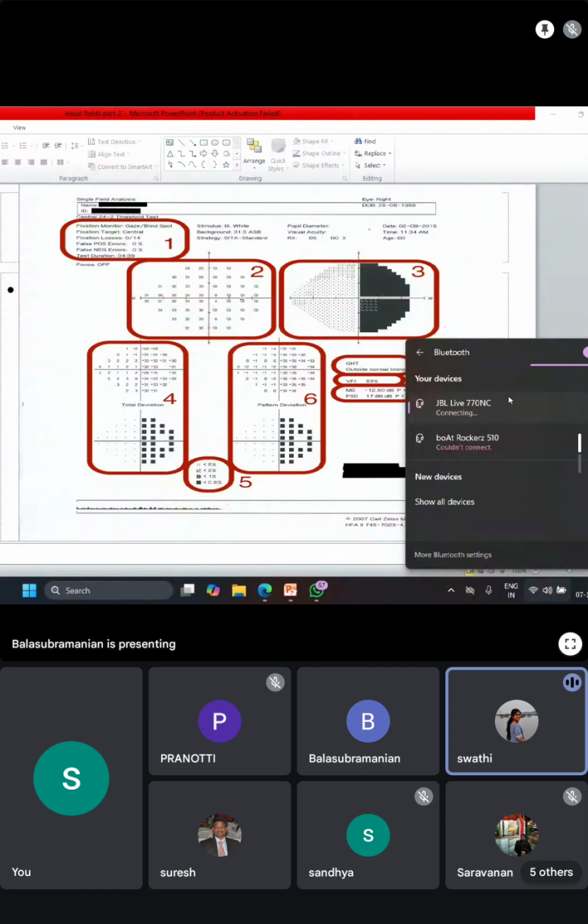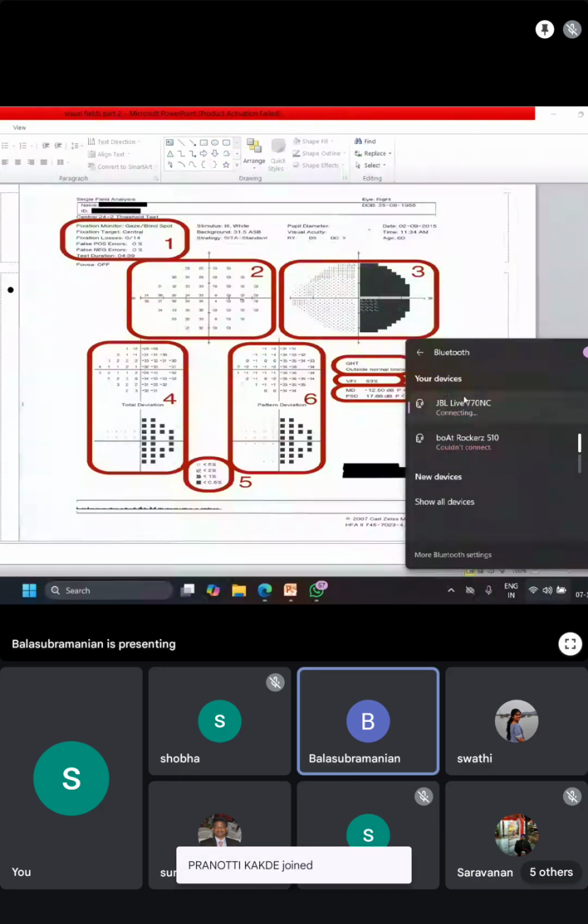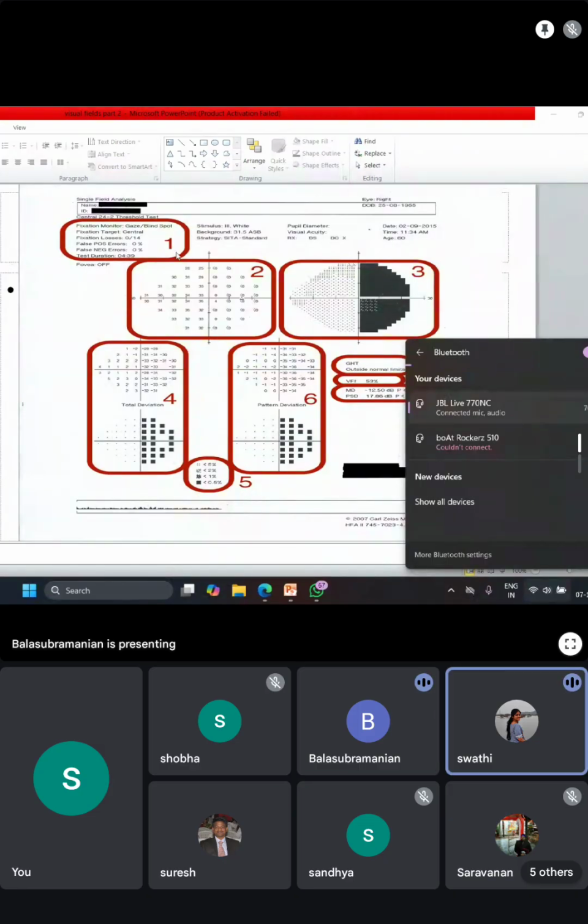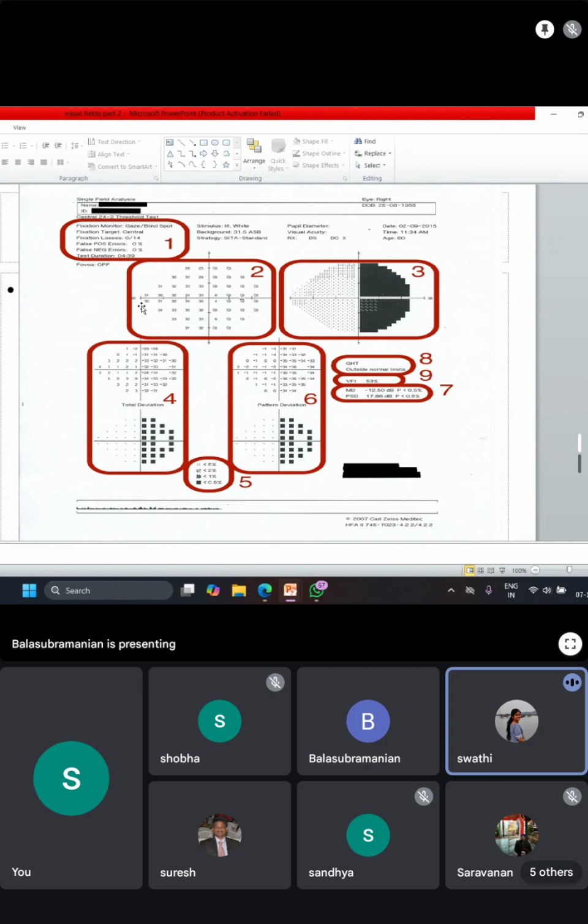The testing program is Central 24-2 with the SITA standard strategy. The stimulus used here is size 3. The pupillary diameter is not mentioned and the refractive correction was not given. The reliability indices are good with zero fixation losses. The raw data shows reduced sensitivity in the superior and inferior points along the vertical meridian.